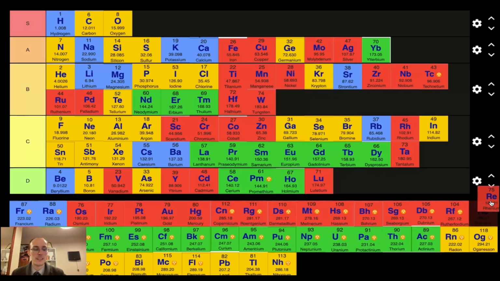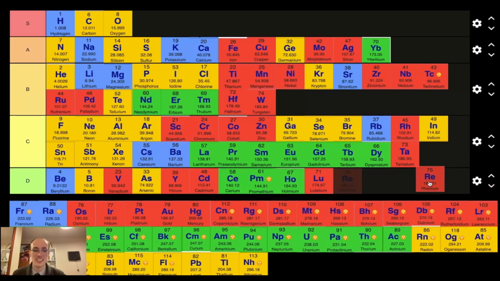Rhenium, element number 75. So nickel-based superalloys that contain rhenium were used in combustion chambers and jet engine nozzles and turbine blades, and jets are cool, so rhenium gets points for that. Its radioactive isotopes are often used in radiotherapy for liver cancer, and it's been tested for other possible cancer treatments as well.